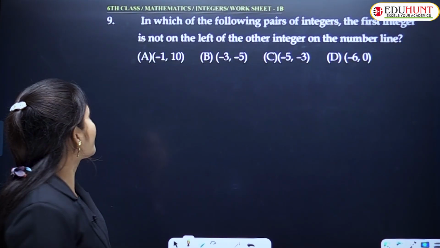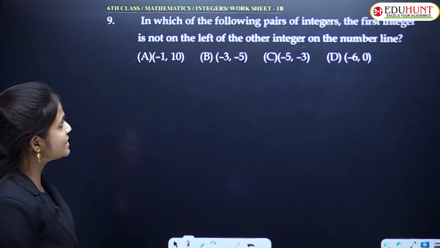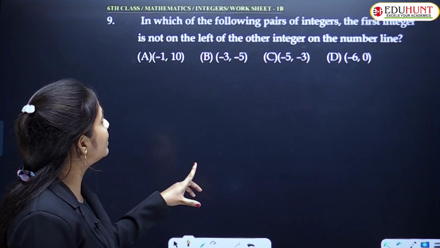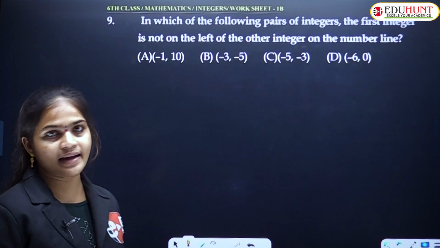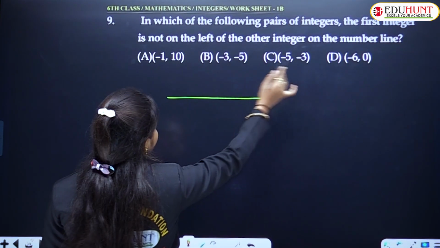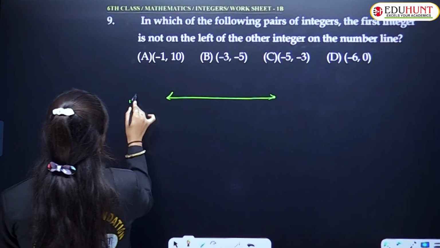Next, ninth one. In which of the following pairs of integers is the first integer not on the left of the other integer on the number line? So here there are 4 options, no? 4 options, 4 number lines.